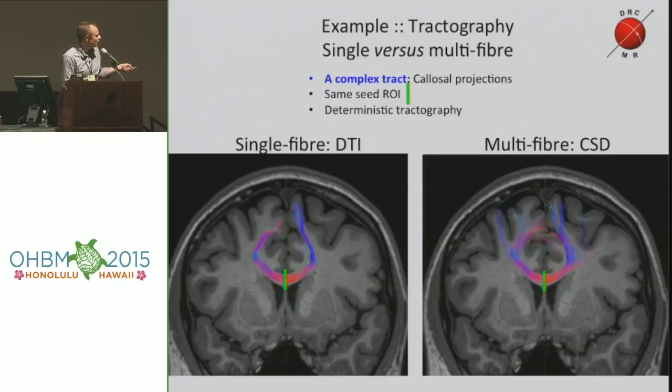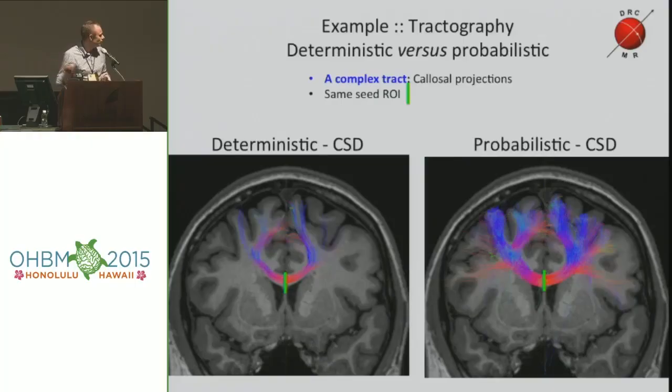But if we apply the multi-fiber, then we see that we do get the same U shape, but we also start to get some more of the lateral projections here, though it's not really convincing with this deterministic tractography. So if we now use a probabilistic method that allows us to sample the track with many more streamlines, then we actually can see the more true or expected projections that we would expect from seeding the mid part of the corpus callosum to different parts of the cortex.